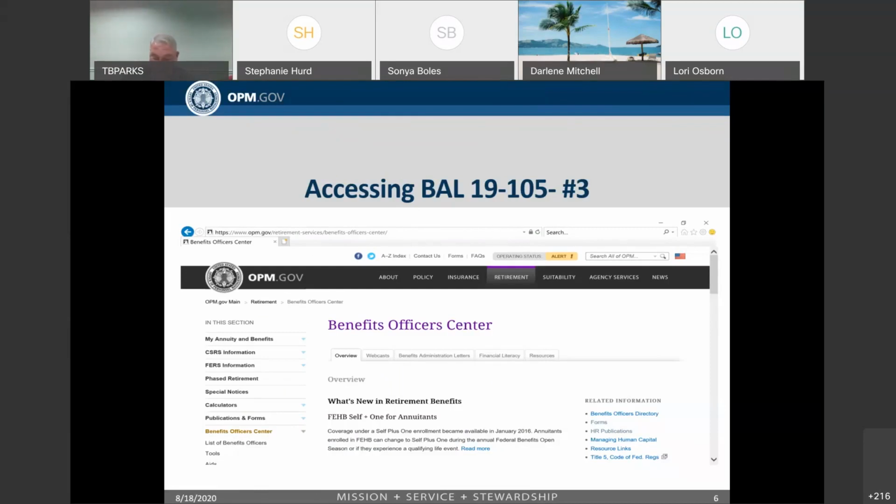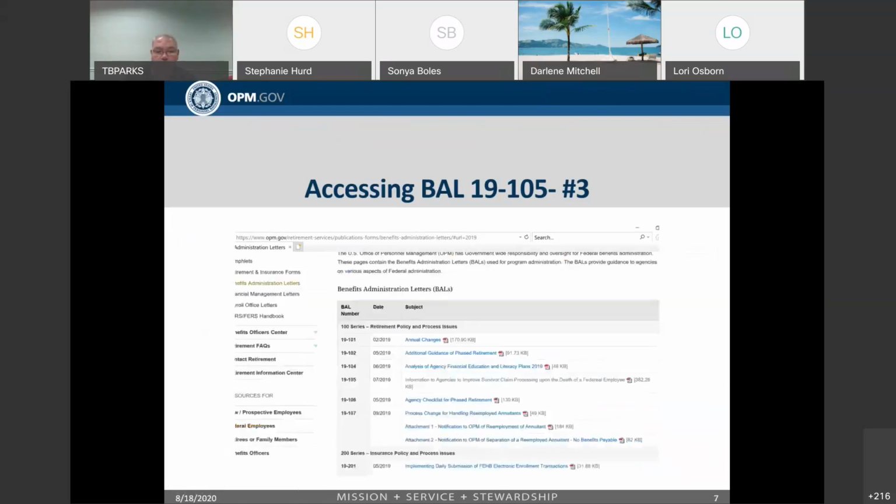What I want to show you here is how to get to the BALs. You can click on the Benefits Administration Letters tab, and then click on BAL 19-105. That's the information for agencies to improve survivor claim processing upon the death of a federal employee.